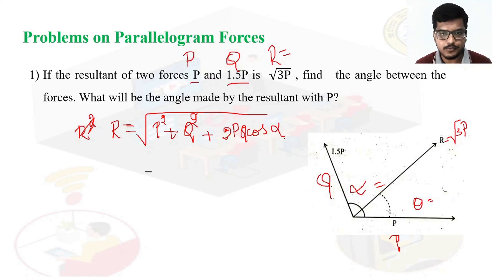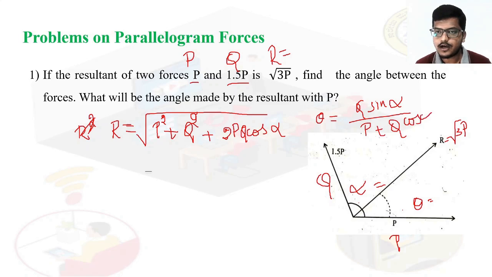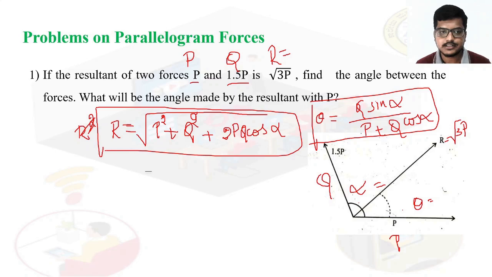This is the formula. And for theta we need another formula: tan theta is equal to Q sin alpha divided by P plus Q cos alpha. So these are the formulas which we derived in our last session.